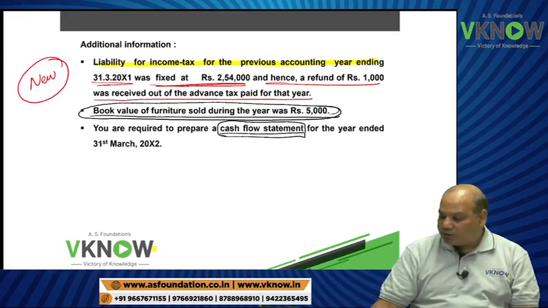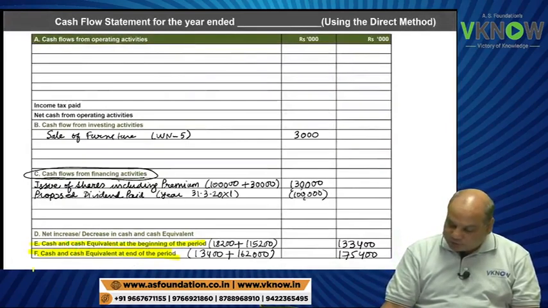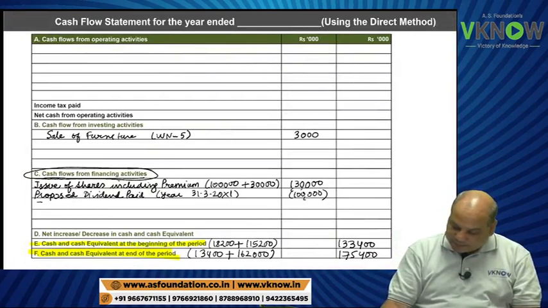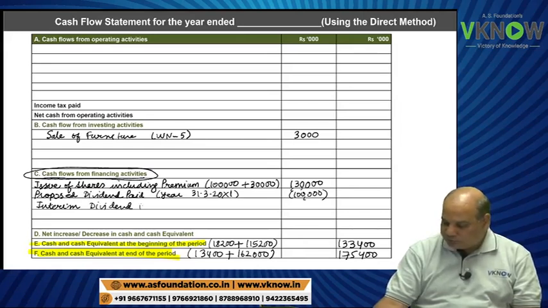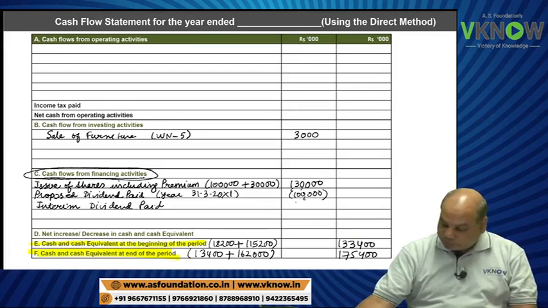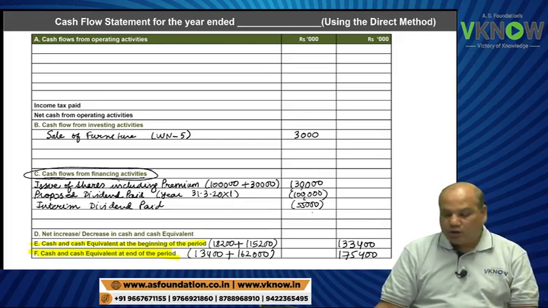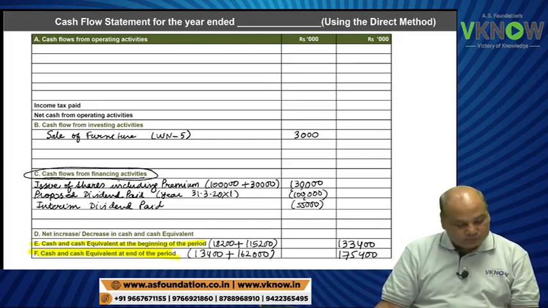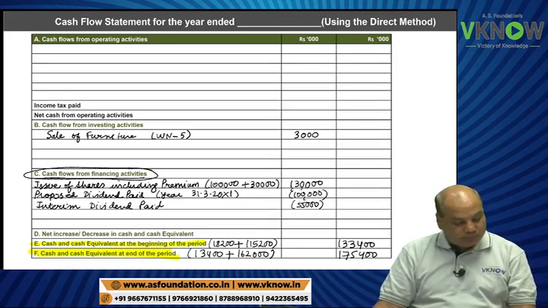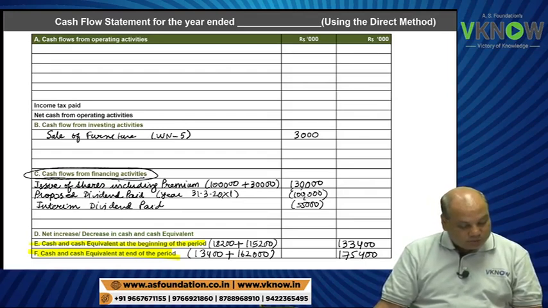Interim dividend paid will come in financing activity, because it is not appearing in balance sheet means it is paid. Interim dividend paid 55,000. Proposed dividend will not come. Transfer to general reserve will not come.